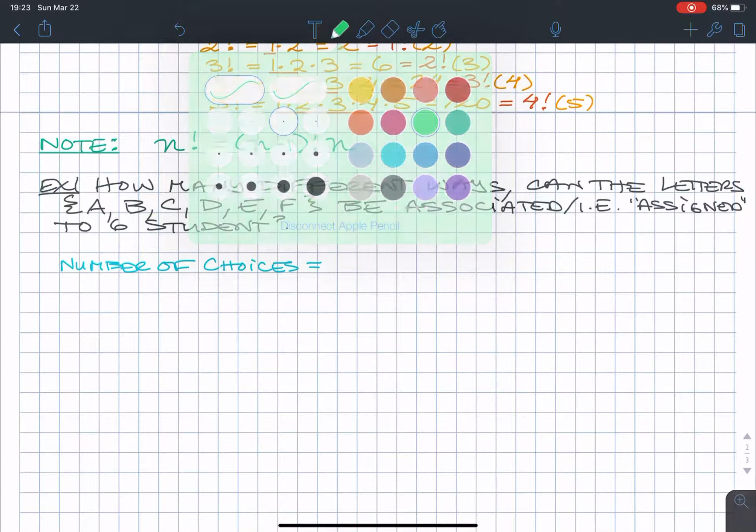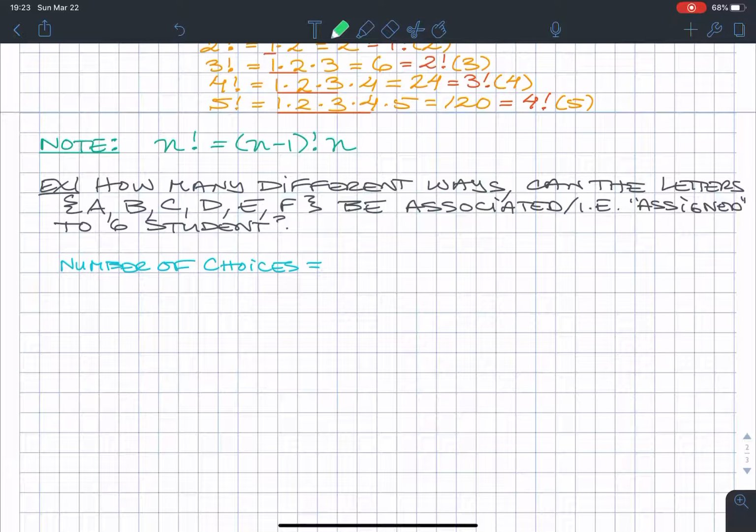Let's look at the first student. Do you agree the first student will have A, B, C, D, E, F, or 6 choices? So there's 6 choices first.